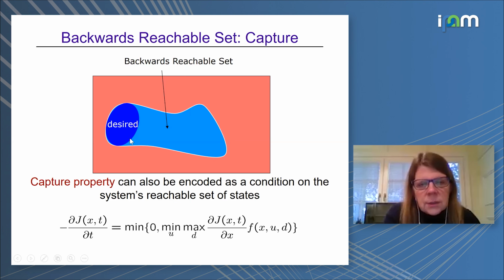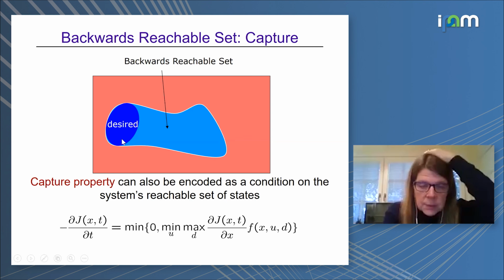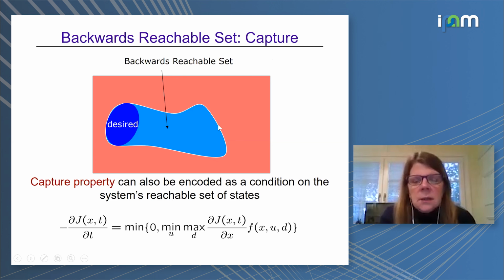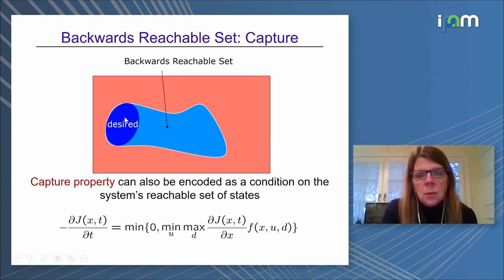The desired set is now represented as a subset. So again, the initial data can be represented as a subset of the system state space. And then the backwards reachable set represents what is called in the literature the capture basin, the set of states which, for all possible disturbance actions, there's a control action which gets the system into the desired set.